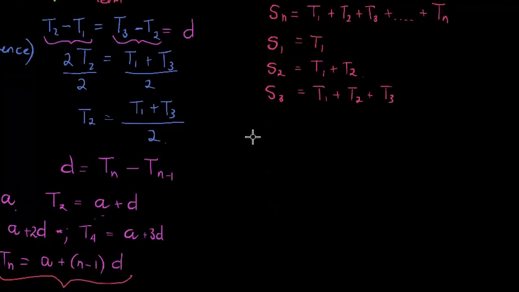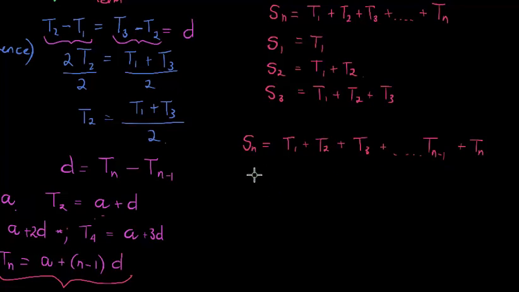Okay. So if Sn is equal to T1 plus T2 plus T3 up to Tn, what would be the term right before Tn? T sub n minus 1. Excellent. Just the term before it. Now let's make it easy for ourselves.